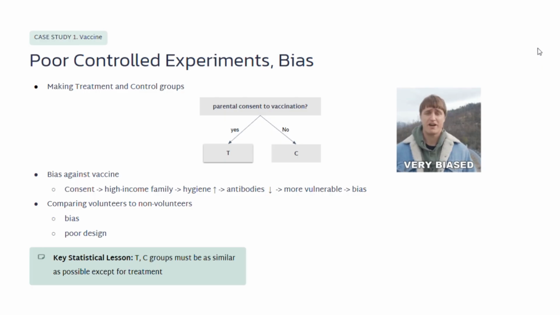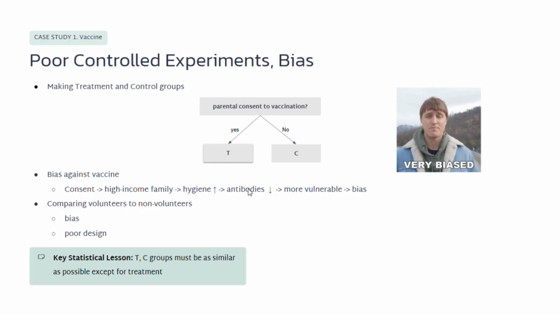Why do we say this sort of assignment is biased against vaccination? Because we know that higher income families are more likely to consent to vaccination. At the same time, higher income families usually live in a more hygienic environment, and as a result, they do not develop antibodies early in childhood.